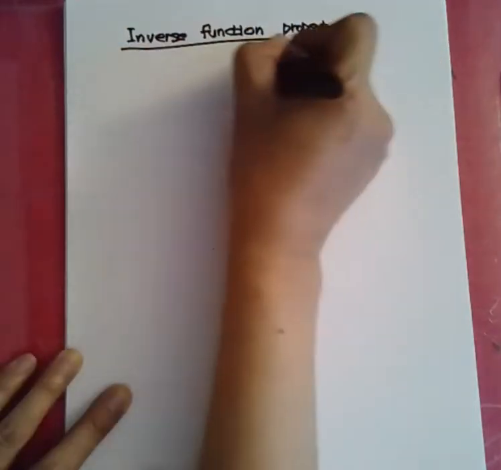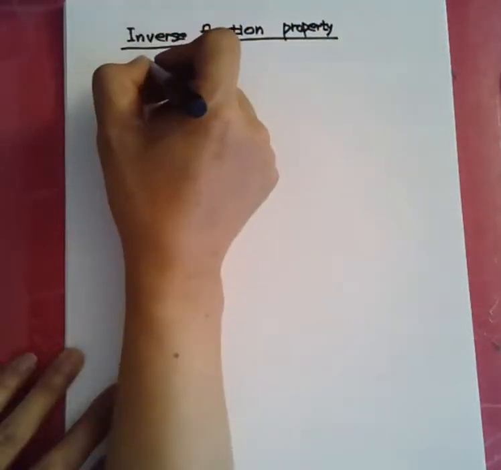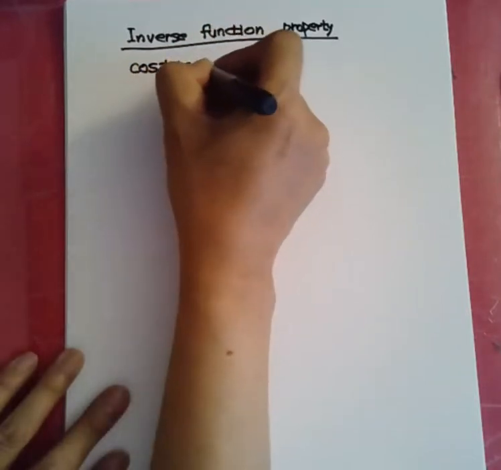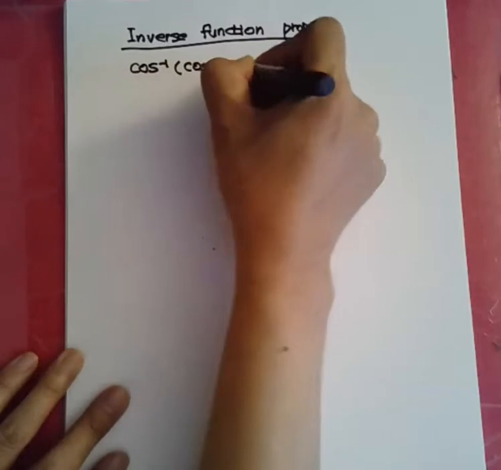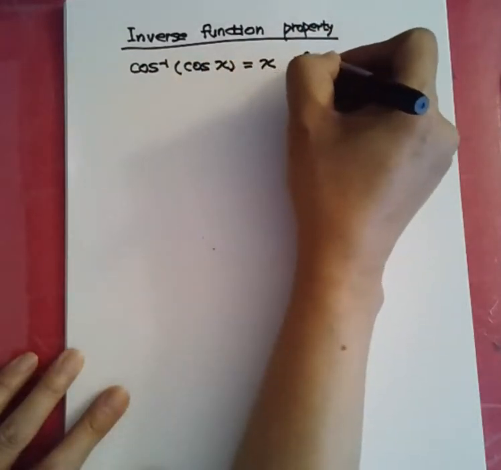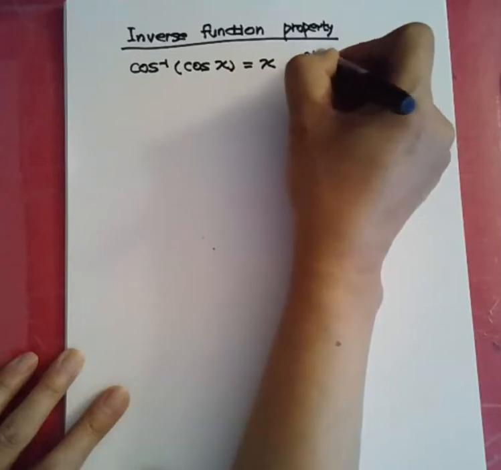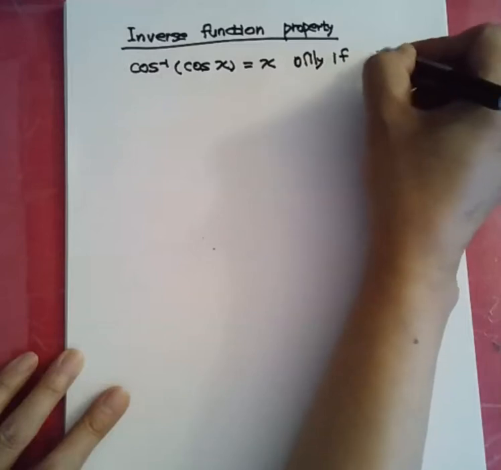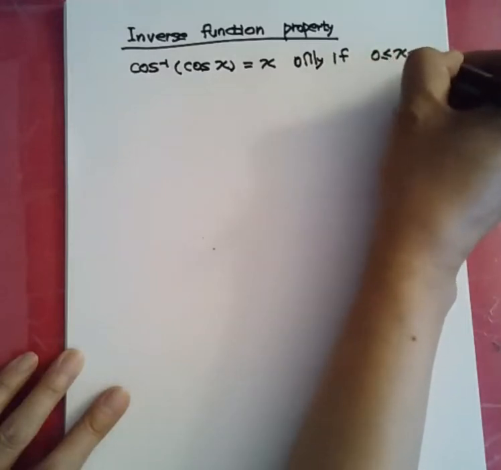Let's discuss the inverse function property of cosine inverse. Cosine inverse of cosine of x equals x if and only if x is between 0 and pi.